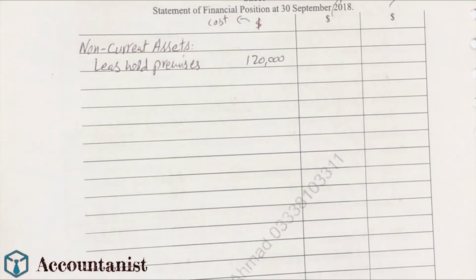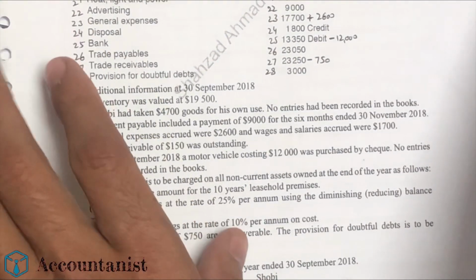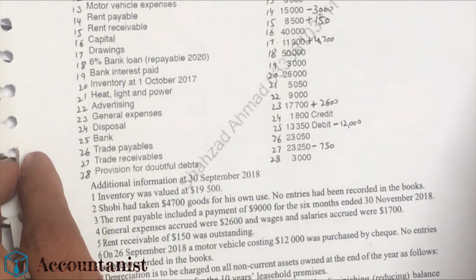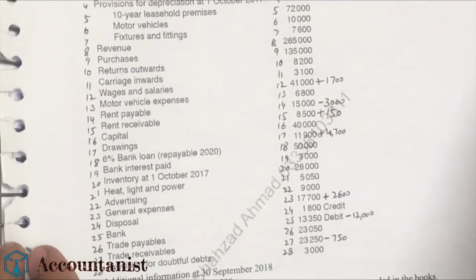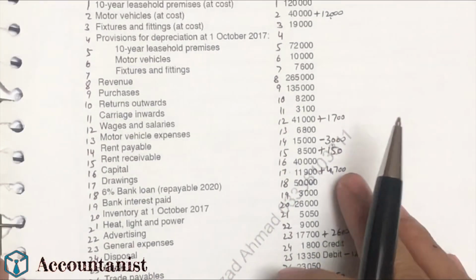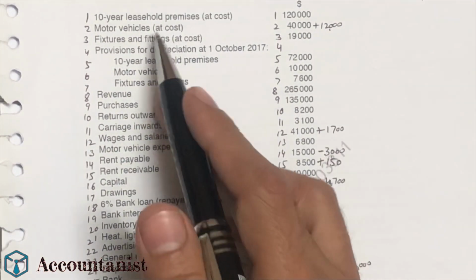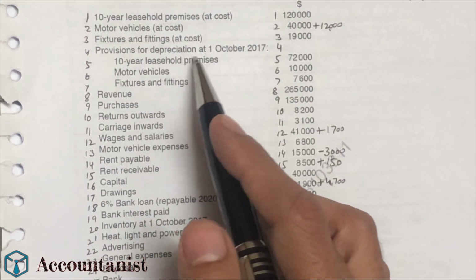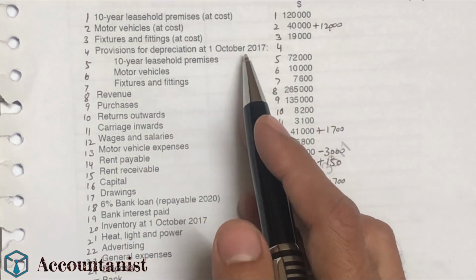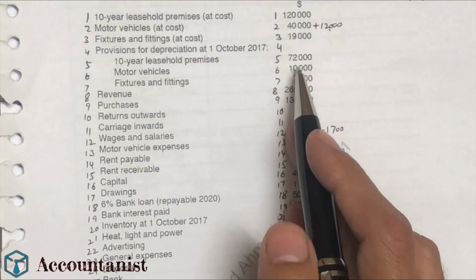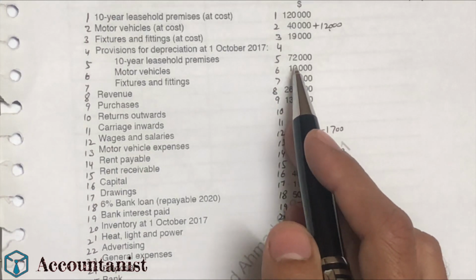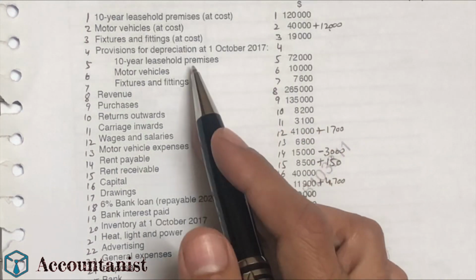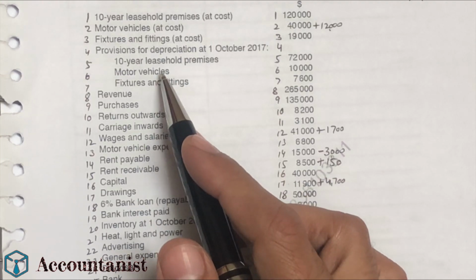Now in SOFP, which amount of depreciation are we supposed to record in this second column? First of all, we have an opening balance of depreciation that is given in the question. Let me show you. We have it here. That's the cost, and that's the provision for depreciation opening balances, and it shows that it has a previous balance of depreciation of 72,000 against this 10 years leasehold premises.